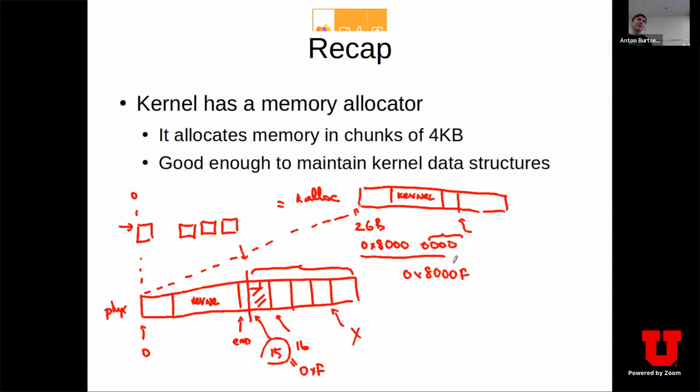Because remember, it's 12 bits and each 0 represents 4 bits. So 3 zeros is exactly 12 bits. So this part of the number is actually a virtual page number, right? This is why I wrote 8000 and 3 zeros. And instead of this 0, because we're adding 15, I added F, right?